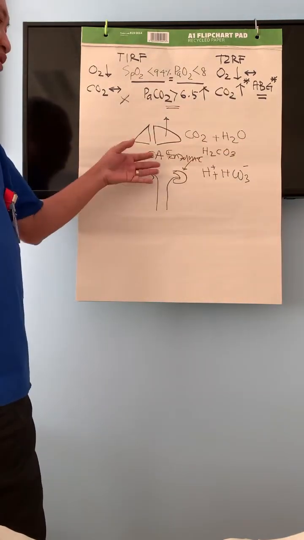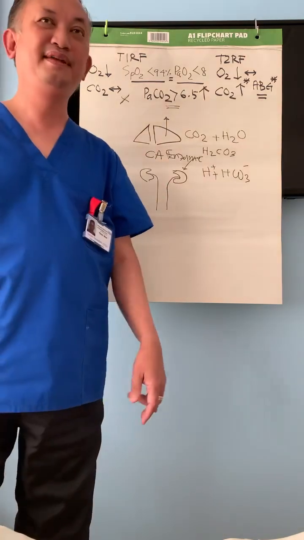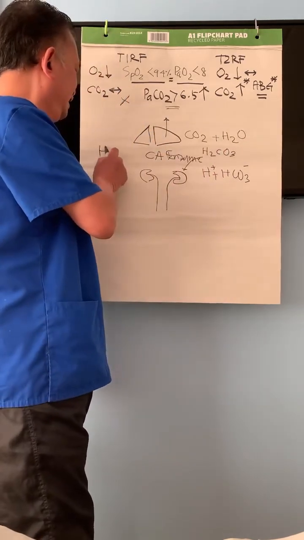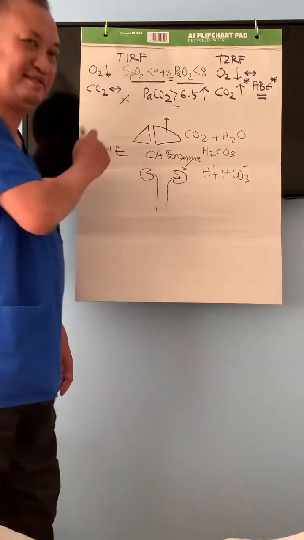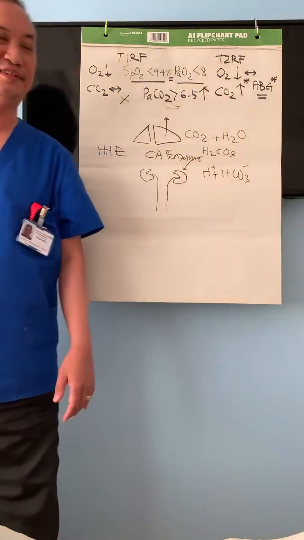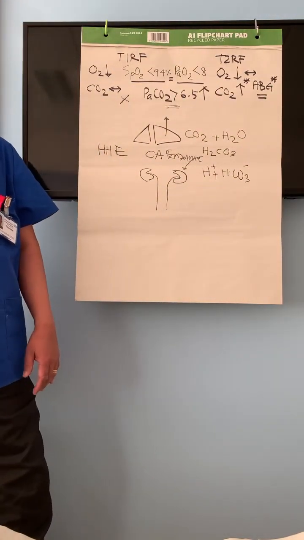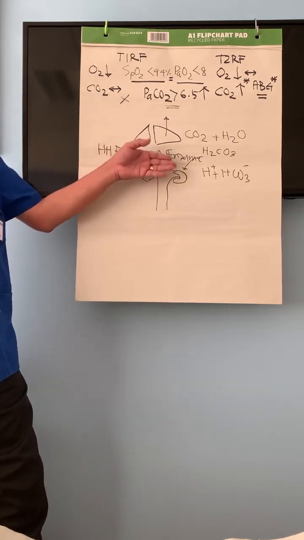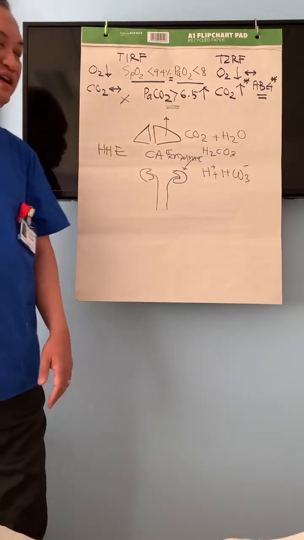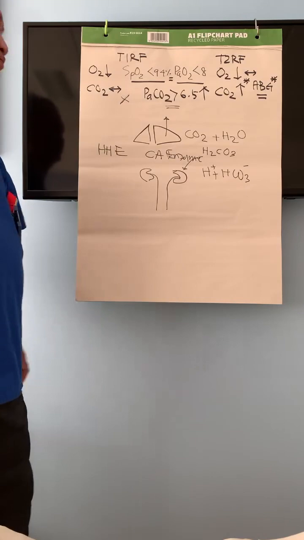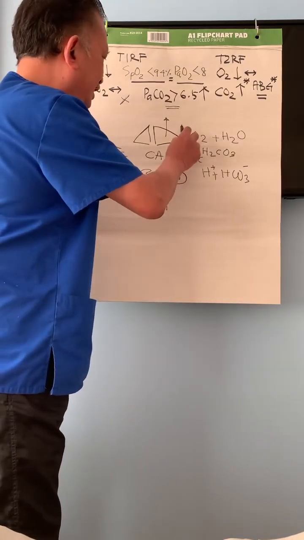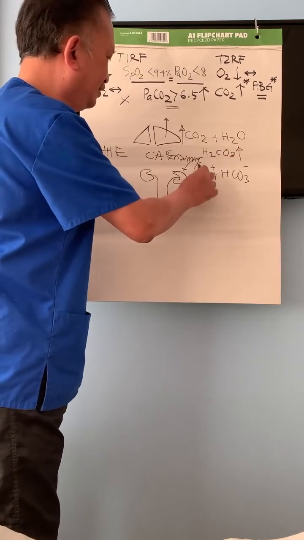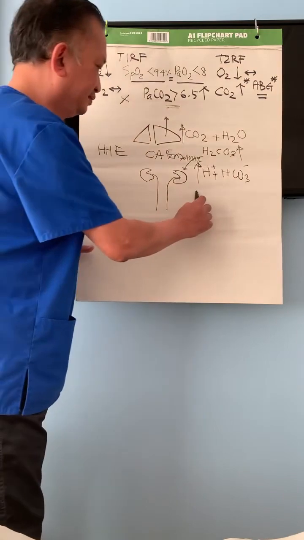This equation is called the Henderson-Hasselbalch equation, created by the scientists Henderson and Hasselbalch, and this process is run by the carbonic anhydrase enzyme. So when our carbon dioxide rises, H2CO3 definitely rises. After that, it ends up with H plus rising. It becomes acidosis.